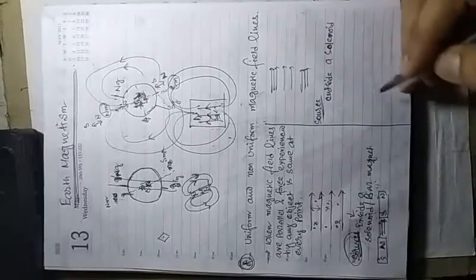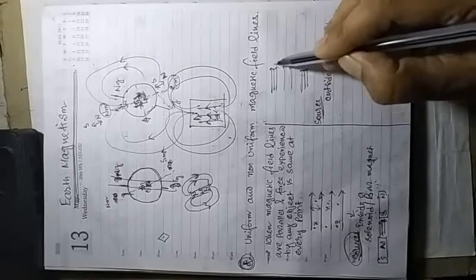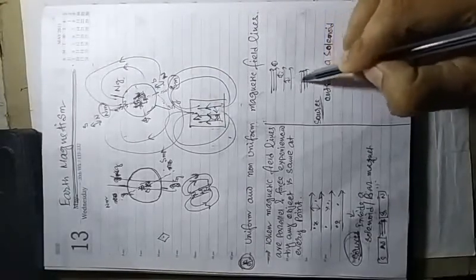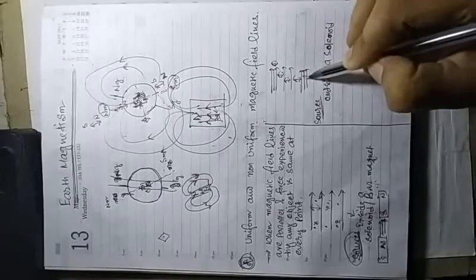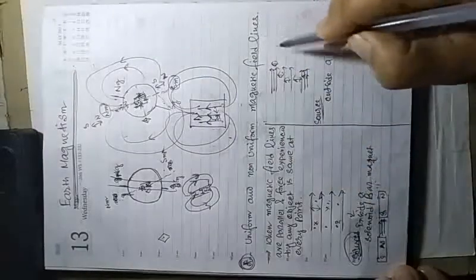And if the magnetic field lines are like this, here you can see they are very close, and here there is a gap, here more gap, again close. If this type of magnetic field line happens, that is called a non-uniform magnetic field line.